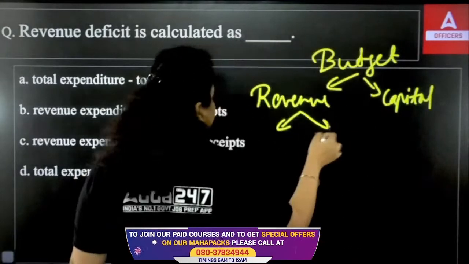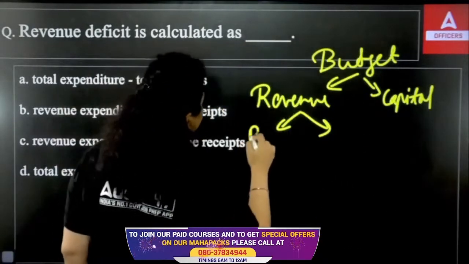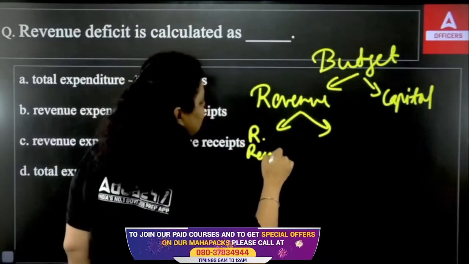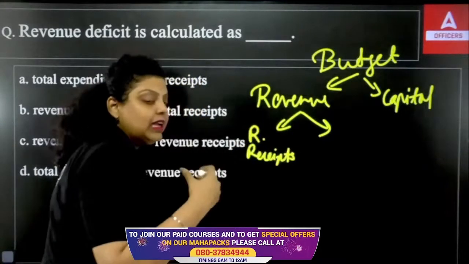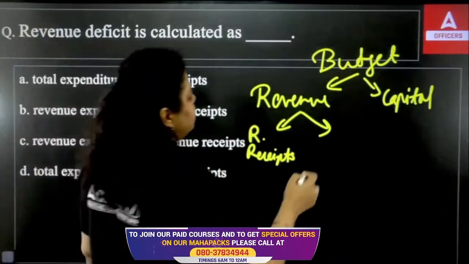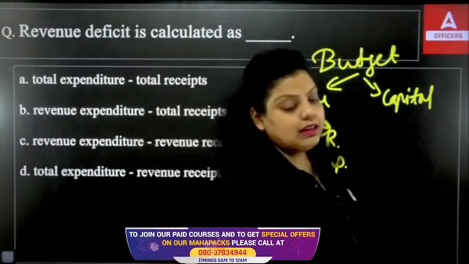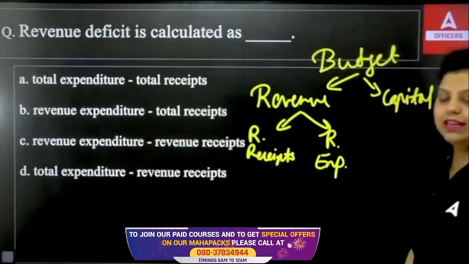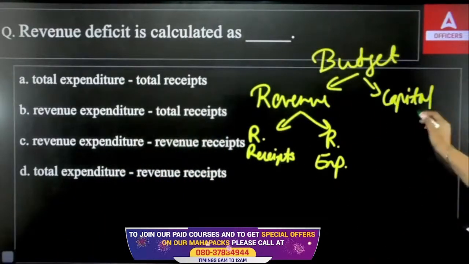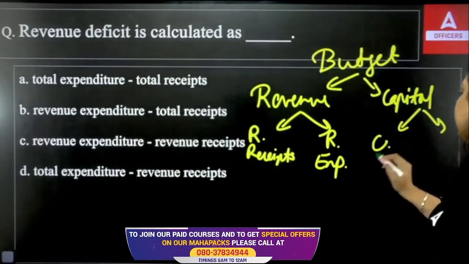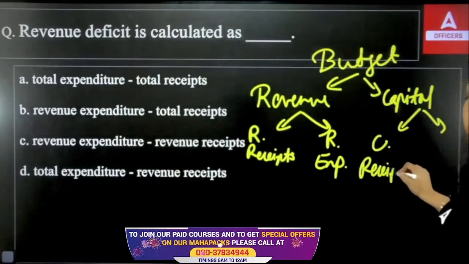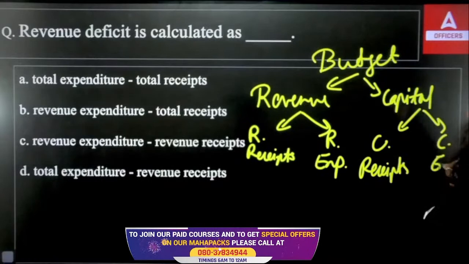Now revenue budget covers your revenue receipts. It means the income that Government of India is earning on a day-to-day basis, and the revenue expenditure, that means simply the expenditure that Government of India is doing on a day-to-day basis, like the salaries or payments. Now similarly, the capital budget will have capital receipts and capital expenditure.